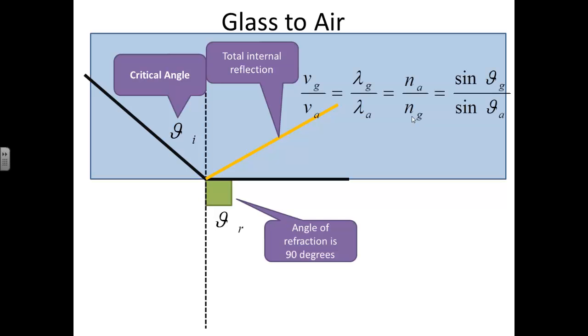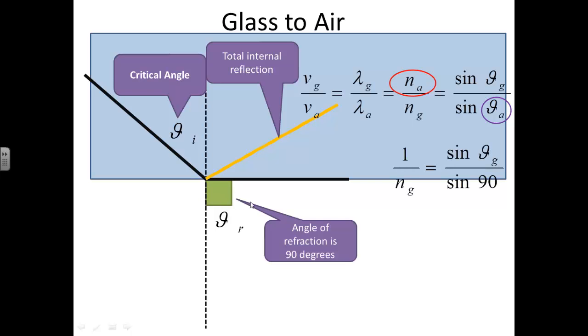Now here's the equation that we had before. Na, we know, is the refractive index of A, which is the refractive index of the air, which we know is equal to 1. Theta A is basically going to be the angle of refraction in the air, which is 90.